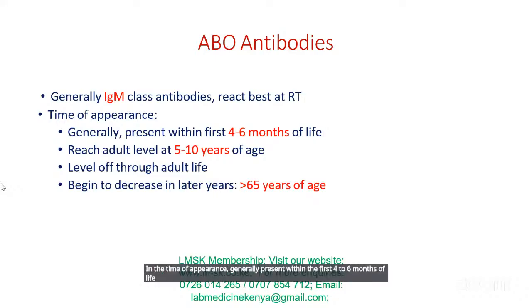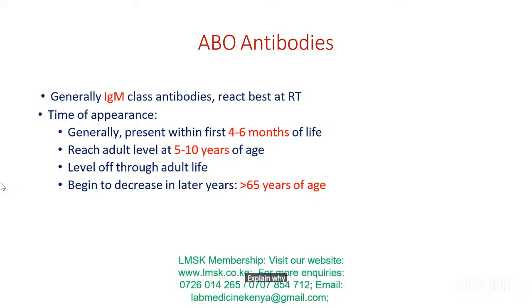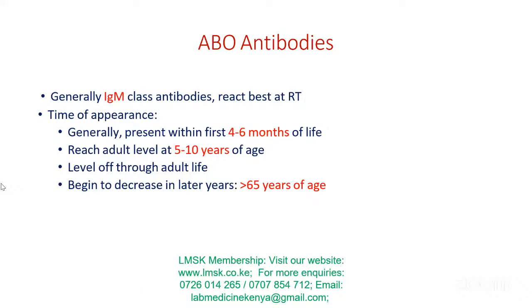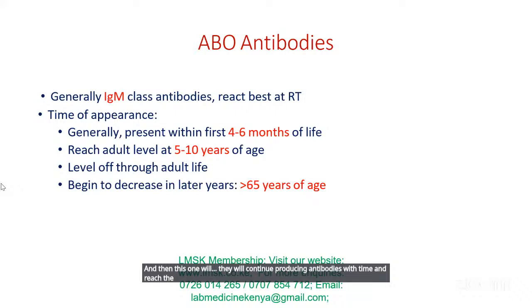So that explains why in neonates, you don't do the reverse typing, because they have not yet developed the ABO antibodies, but the antigens are there, so you can do the forward typing. And then they will continue producing antibodies with time and reach the adult levels at about 5 to 10 years of age, and that will level off through the adult life.